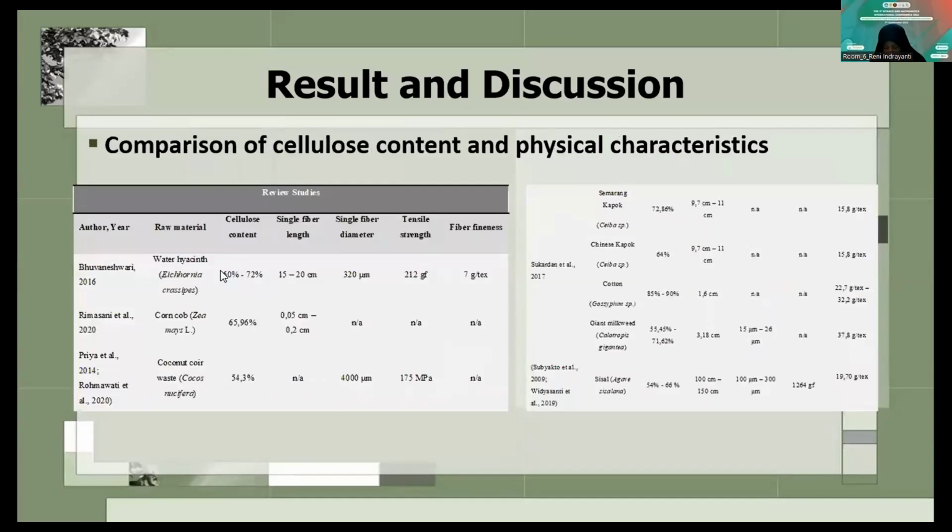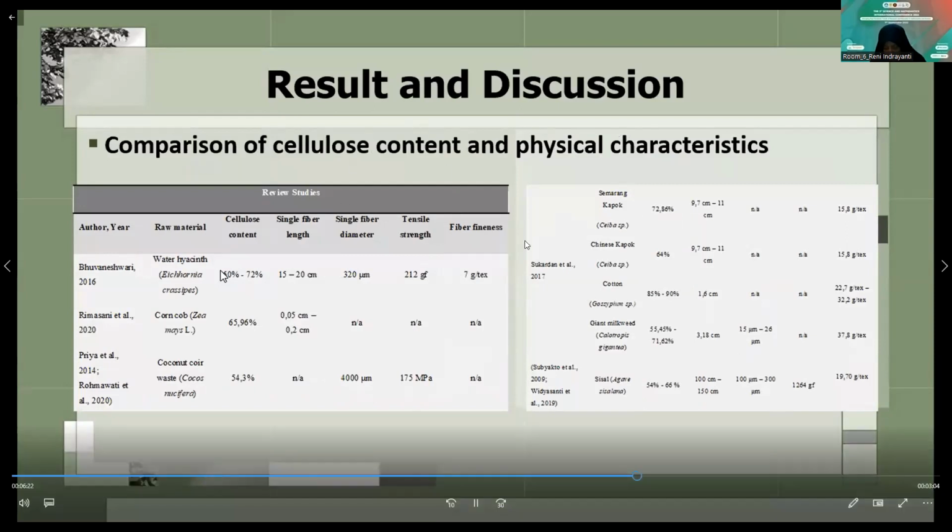In the comparison of cellulose content and physical characteristics, there are water hyacinth, corn cob, coconut wire, Semarang kapok, Chinese kapok, cotton, giant milkweed, and also sisal.